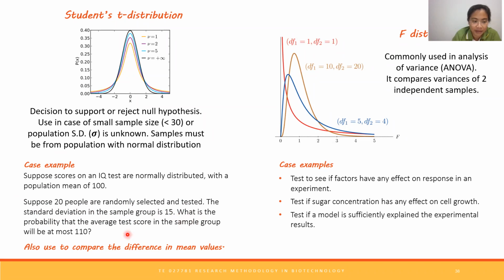What is the probability that the average test score in the sample group will be at most 110? That's how the T distribution works.